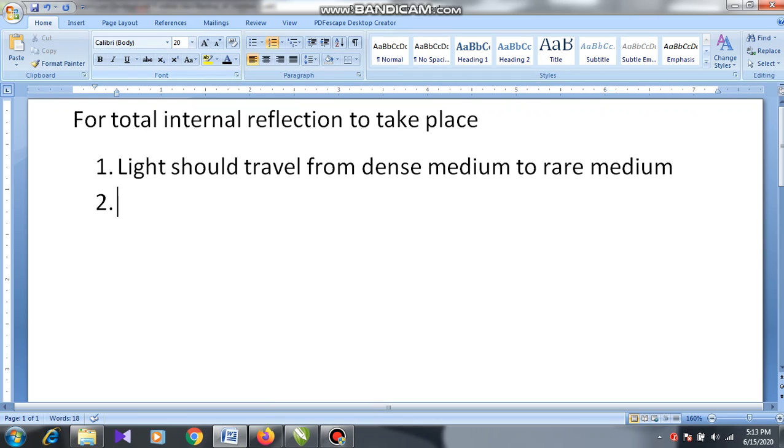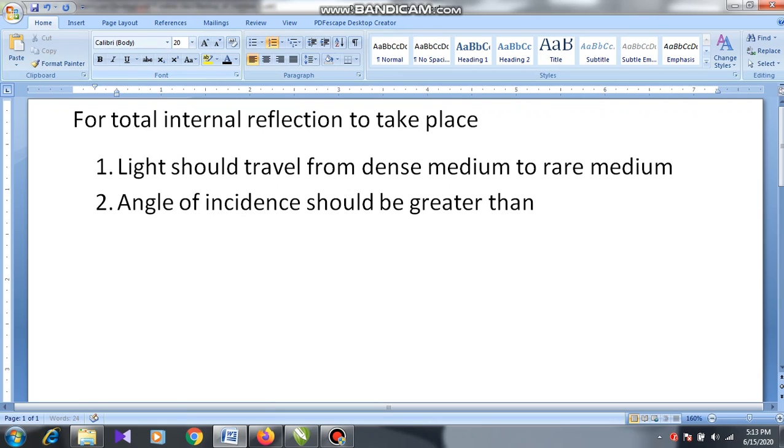Second condition, angle of incidence should be greater than critical angle.